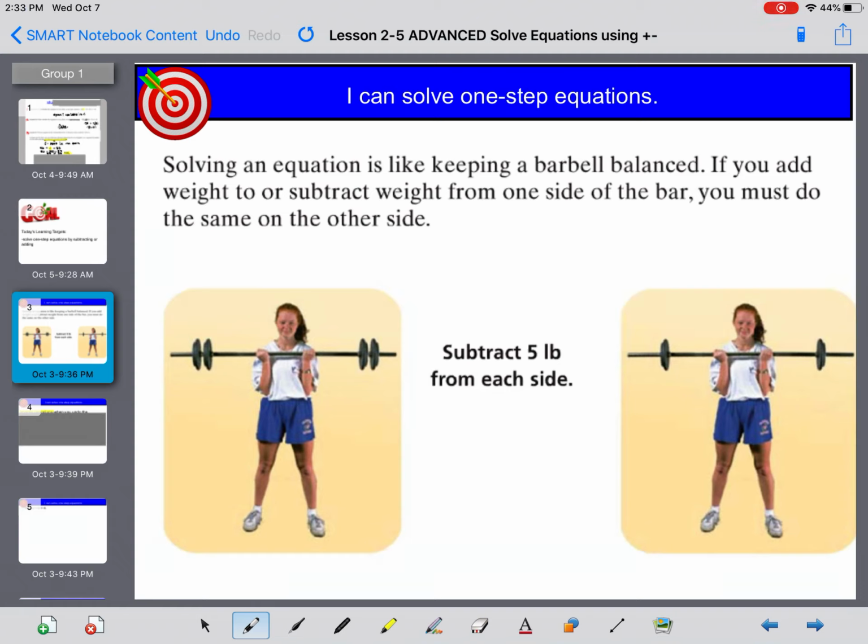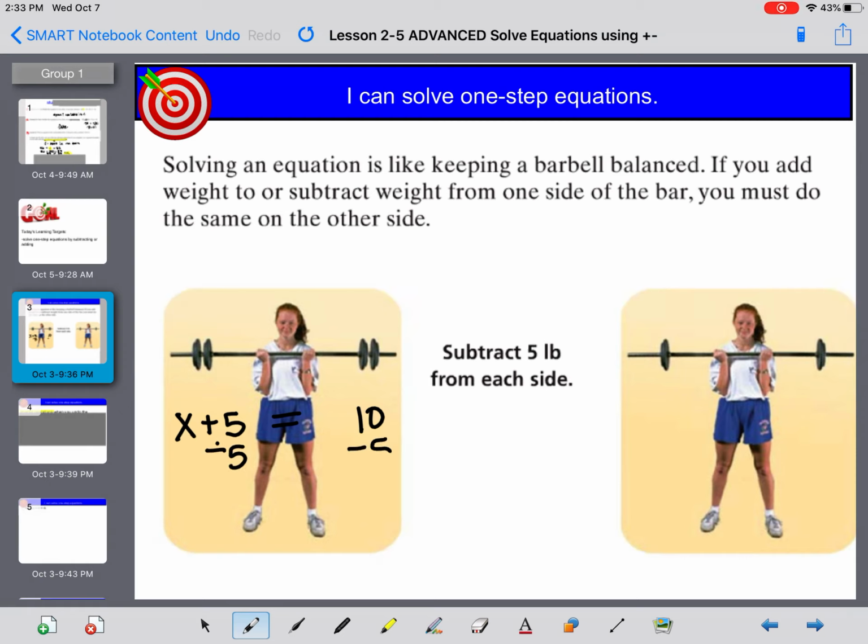For example, if I had 2x here equals 10 on the other side, and let's try a different example. Let's say that I had x plus 5 on this side, and this side equals 10, and I had a balanced equation and a balanced barbell.